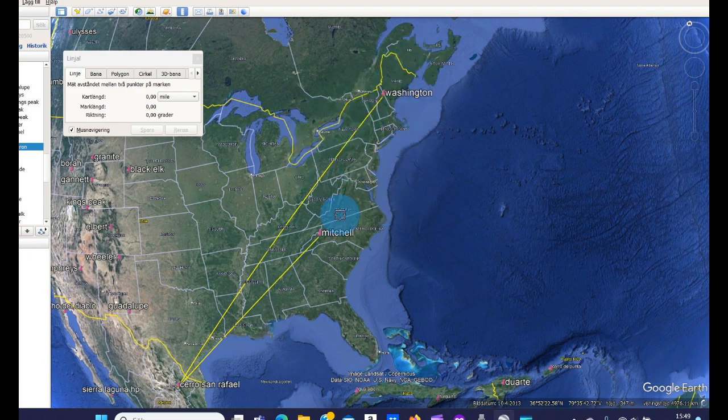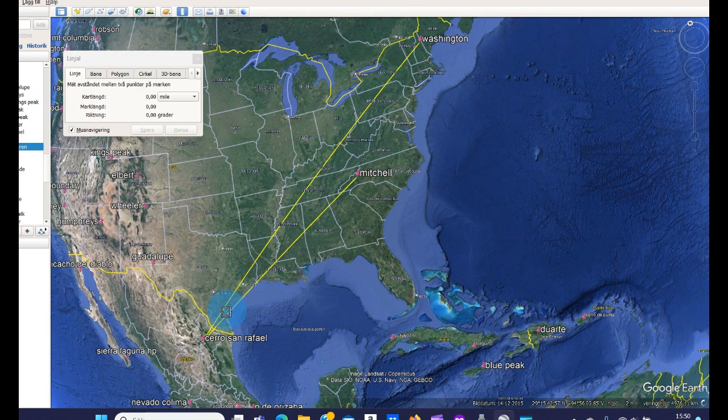And it turns out that this is very close. It's off by a few hundred meters. Cerro San Rafael to Mount Mitchell is 1 kilometer, while to Mount Washington is 1 mile. It is close, but let me show you that this also works over quite long distances.